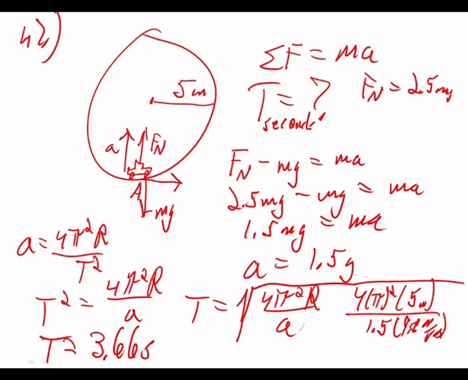And by the way, I should have put centripetal. That is centripetal acceleration. Now I could ask one like that, or I could give you the velocity and ask you to find the period. You should still be able to do it. Any questions on that?